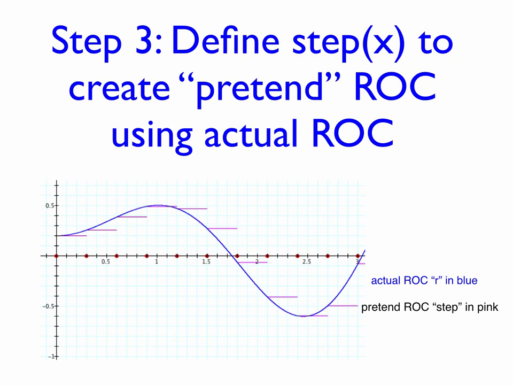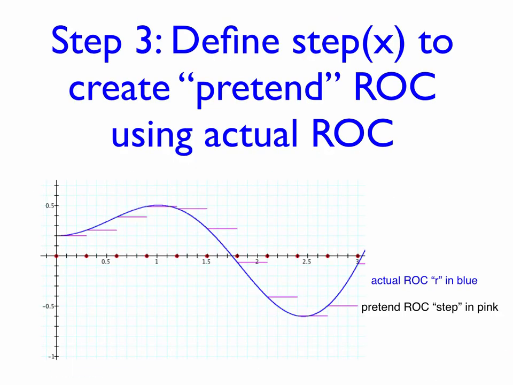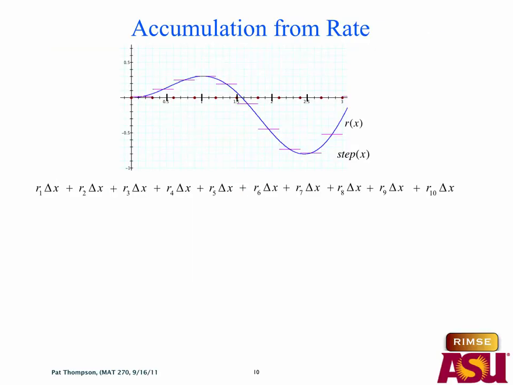So the big picture is that we are looking at a scenario in which we're given an actual rate of change function, and we're trying to get to an accumulation function. How do we do it using the tools we have?